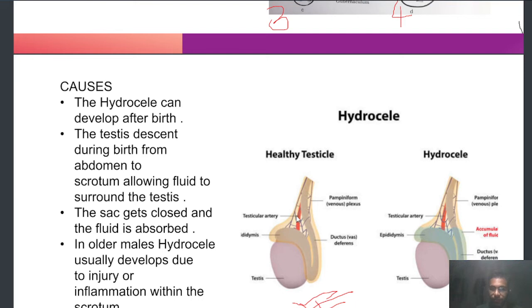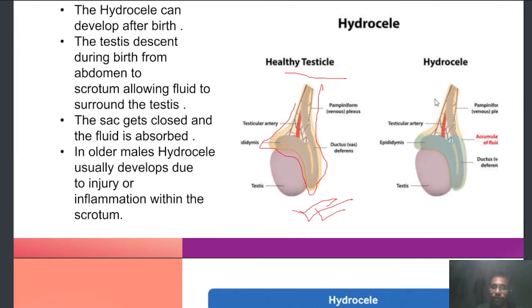This is the testicular artery, the pampiniform plexus of veins, and this entire yellow color covering that you guys can see is the tunica vaginalis. Now you can see this is the healthy testicle, and what happens in hydrocele is that the structures are the same, but there is accumulation of fluid in this yellow colored sac, which leads to the enlargement of the tunica vaginalis.